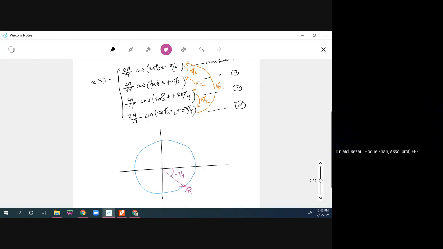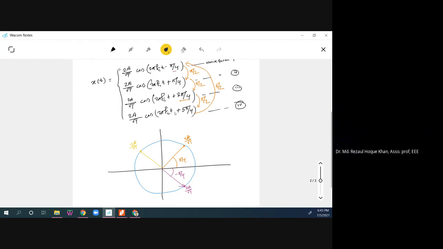So this is one. The second one is pi by 4, with amplitude twice a by square root of t. The third one is 3 pi by 4, which will be somewhere here, with amplitude twice a by square root of t.